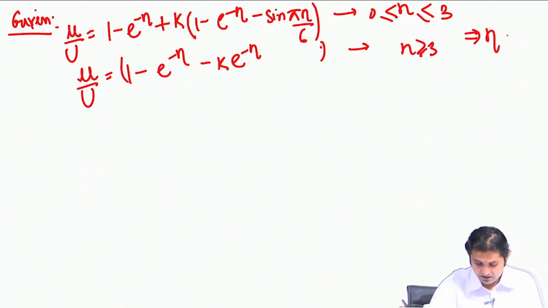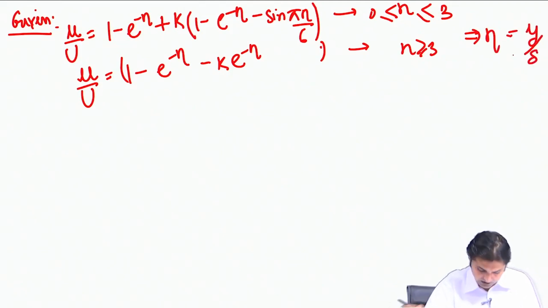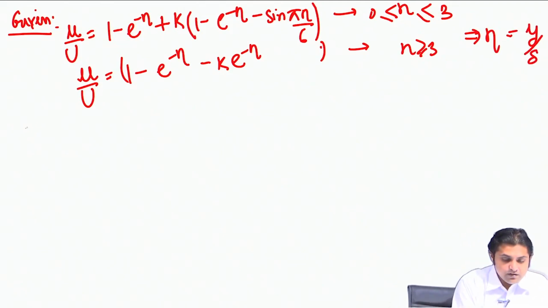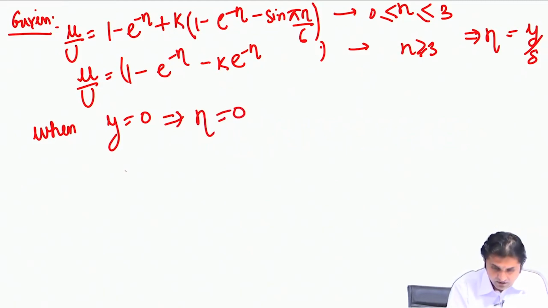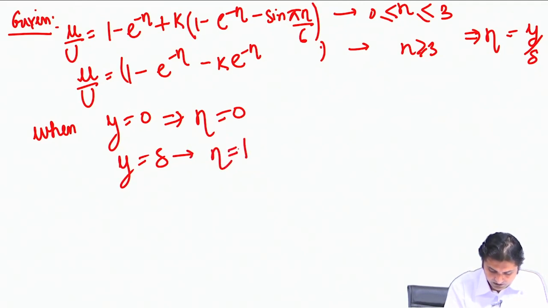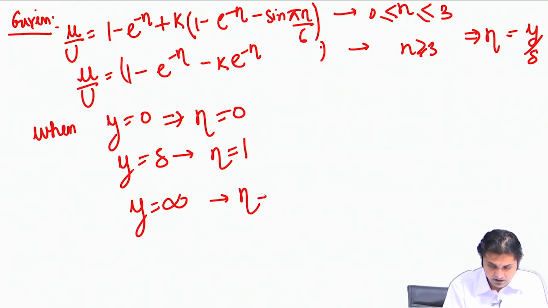Here eta is given as y by delta. So when y is equal to 0, eta is equal to 0. When y is equal to delta, eta is equal to 1, and when y is equal to infinity, eta is equal to infinity.